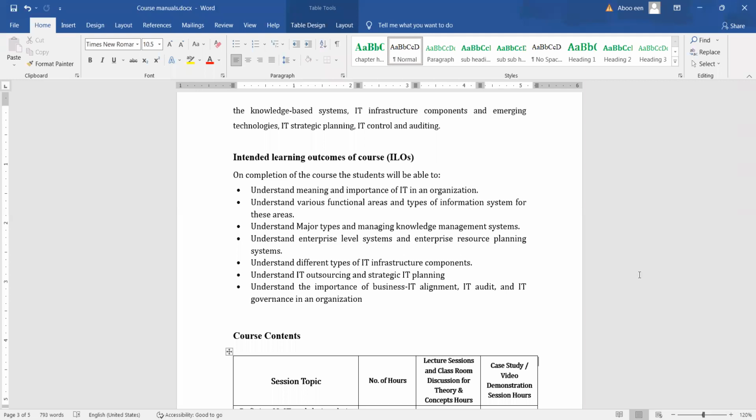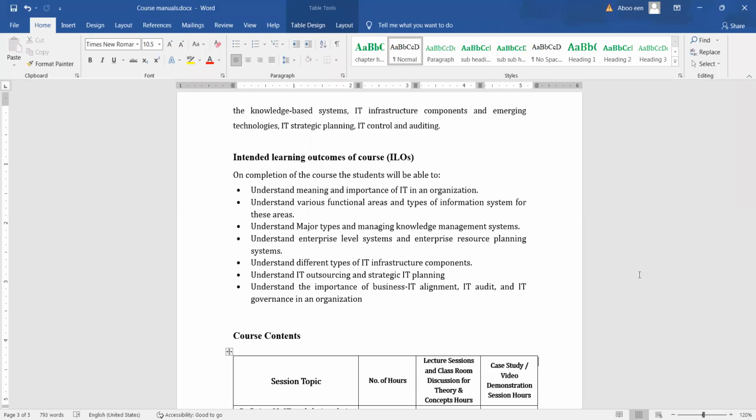They can understand the major types of knowledge management systems. So the students can understand what the different types of knowledge management systems are, and how these systems support the organization. They can understand enterprise level systems and enterprise resource planning.